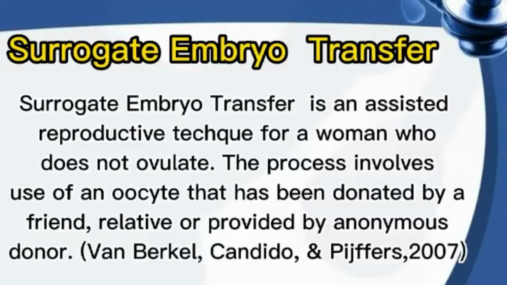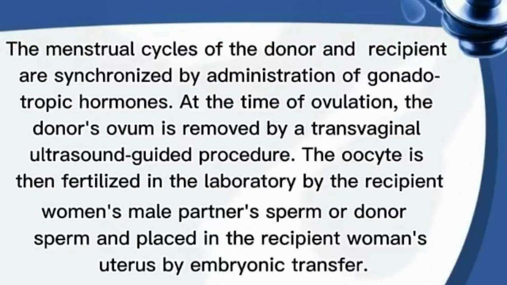Surrogate embryo transfer. Surrogate embryo transfer is an assisted reproductive technique for a woman who does not ovulate. The process involves use of an oocyte that has been donated by a friend, relative, or provided by an anonymous donor. The menstrual cycles of the donor and recipient are synchronized by administration of gonadotropic hormones at the time of ovulation.